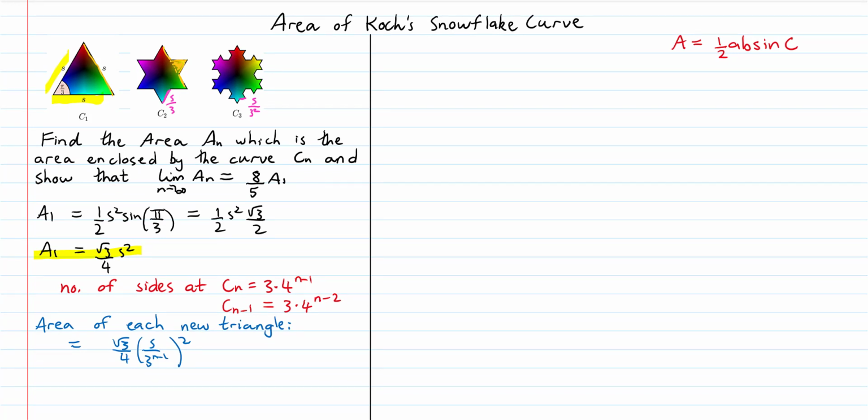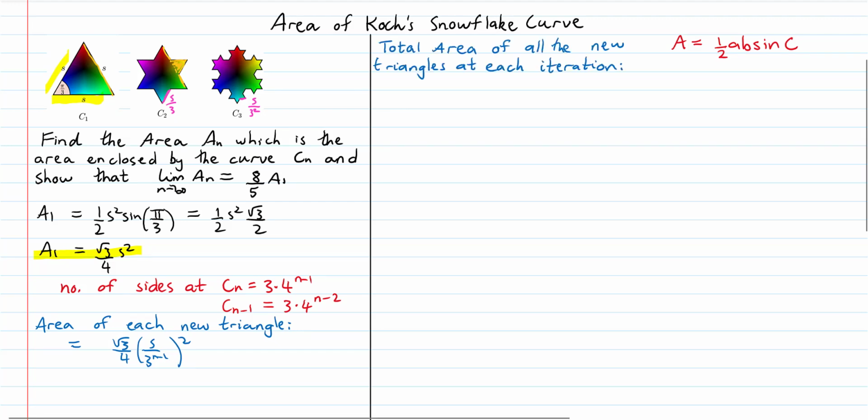So the total area of all the new triangles at each iteration is equal to the number of new triangles at each iteration, which is given by 3 times 4 to the power of n minus 2, times the area of each new triangle, which is √3/4 times (s over 3 to the power of n minus 1) all squared.